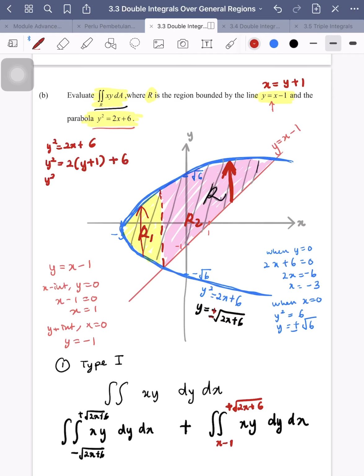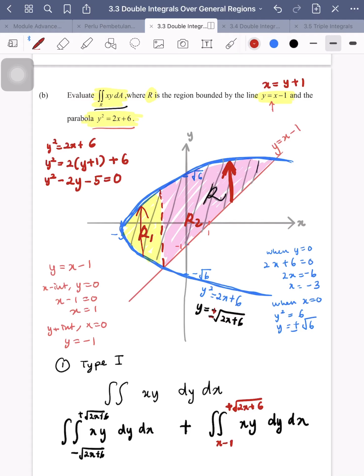So y squared minus 2y minus 8 equal to 0. So use your calculator, EQN, to find the point of intersection. So 1, -2 and -8.